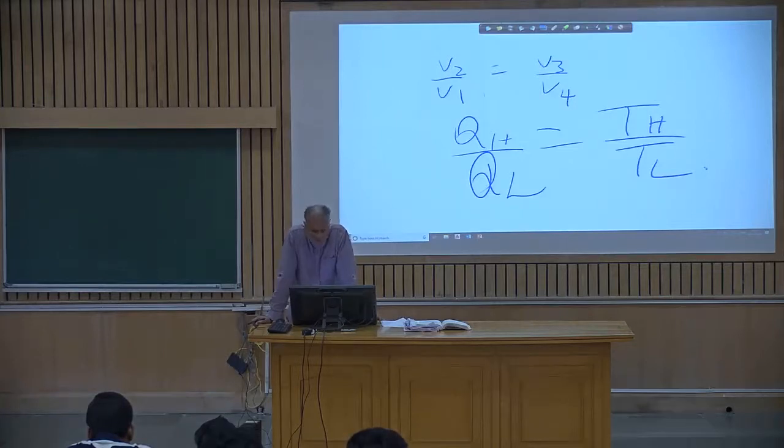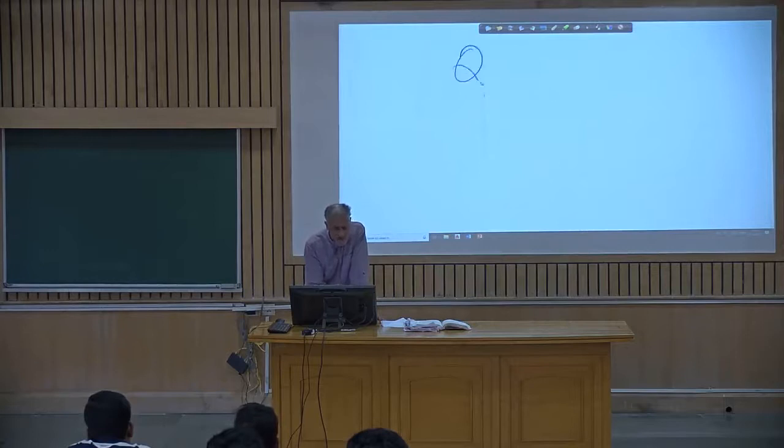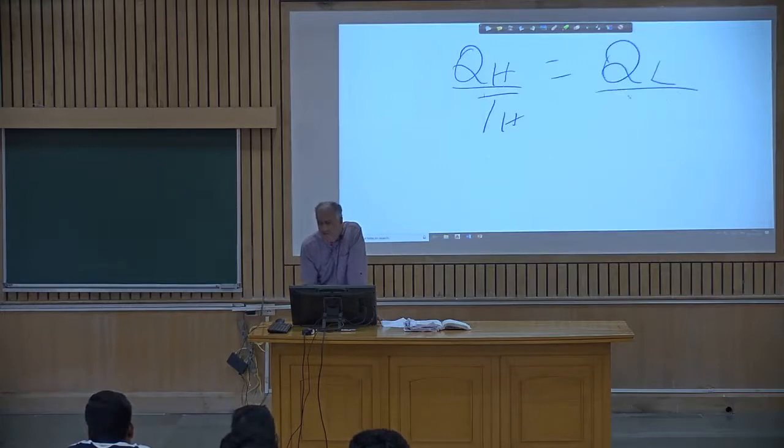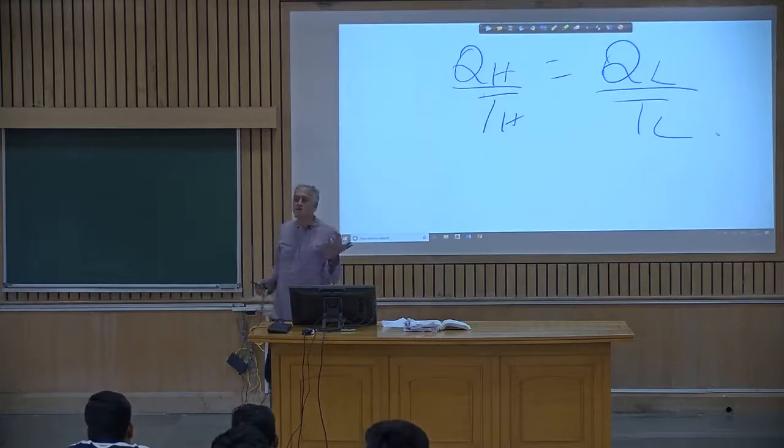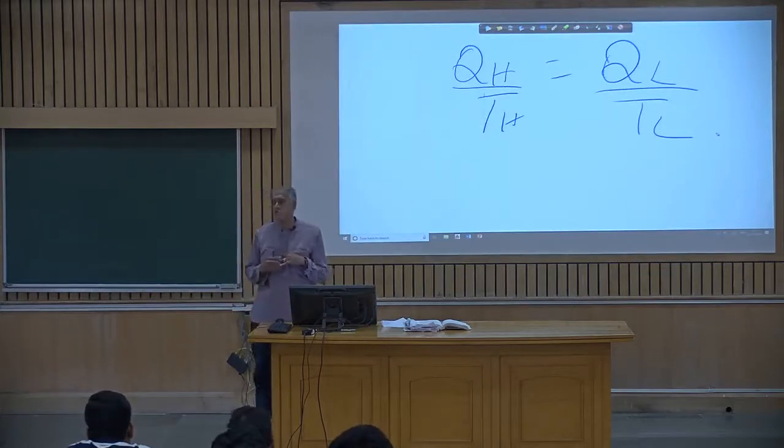So what is his first big finding? He found this constant. Wonderful. This is a huge discovery. You see, both are macroscopic quantities. Q is a huge macroscopic quantity. There are no molecules here.